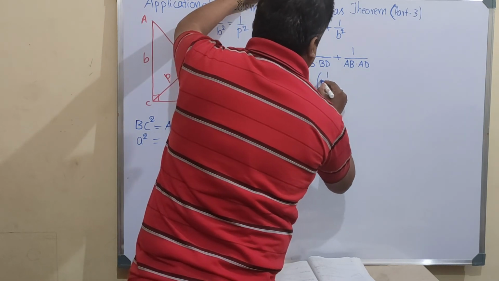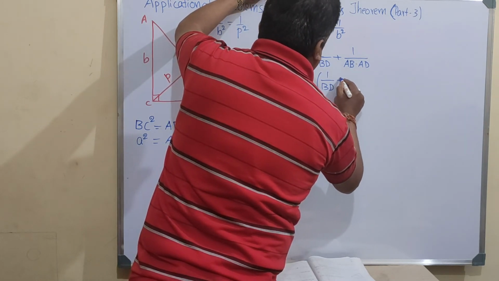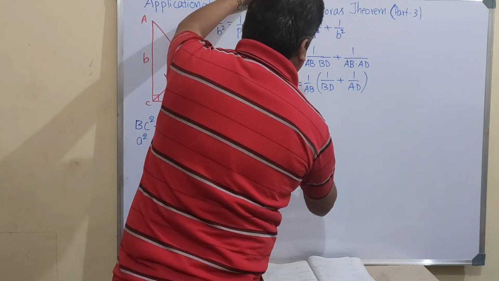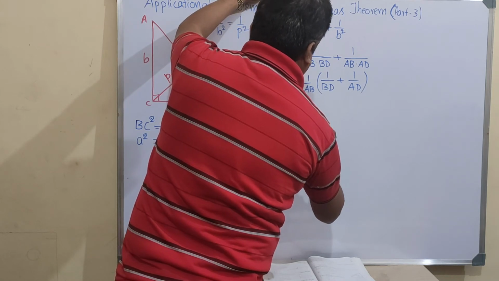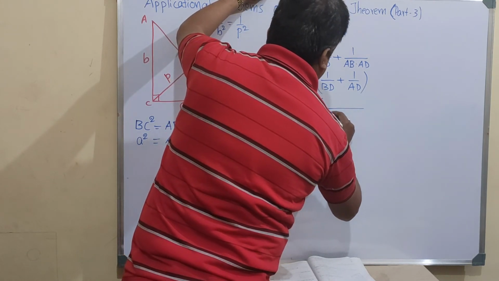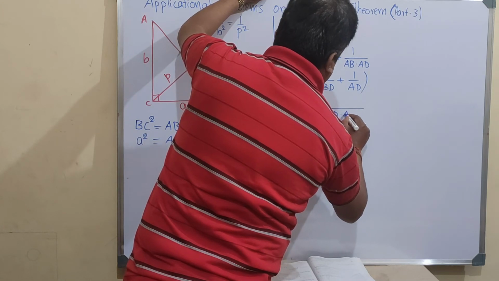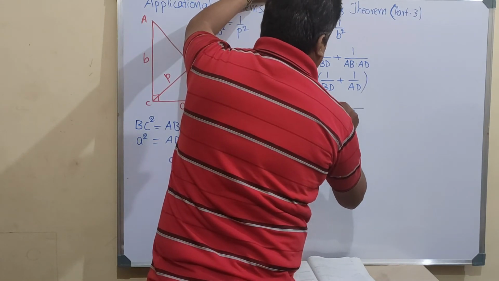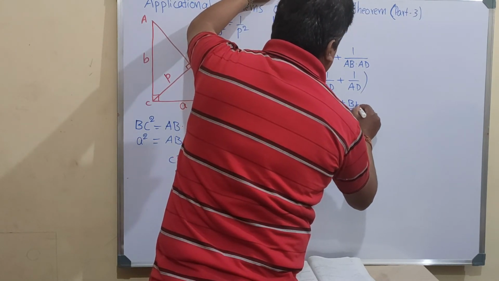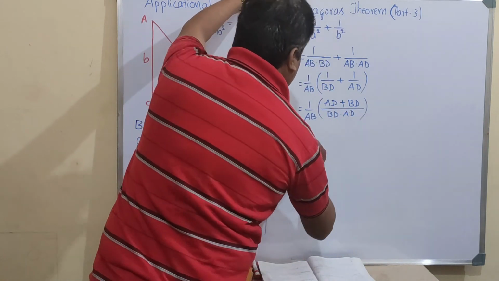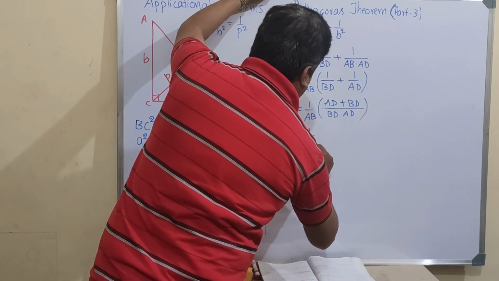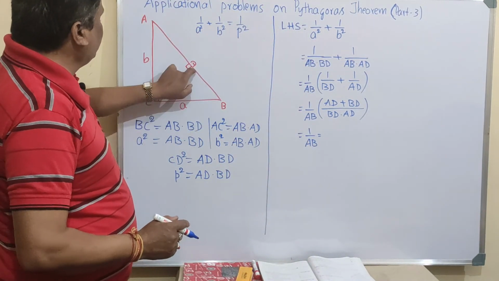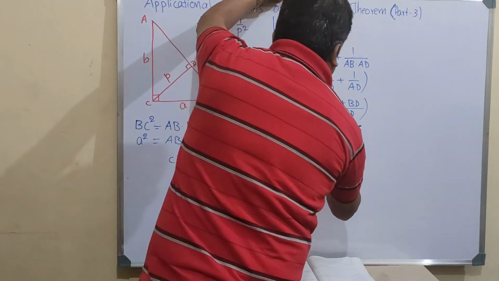Then what remains is 1 by BD plus 1 by AD. Let's keep 1 by AB as it is, into BD into AD as the LCM. So BD will get cancelled, then it is AD plus BD. That is 1 by AB into AD plus BD, and AD plus BD gives AB only.